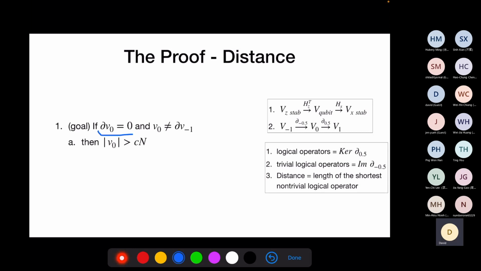So this condition means that if you have an operator which is logical, that's this condition, and it is not trivial, which is this condition, then this logical operator has to be long.